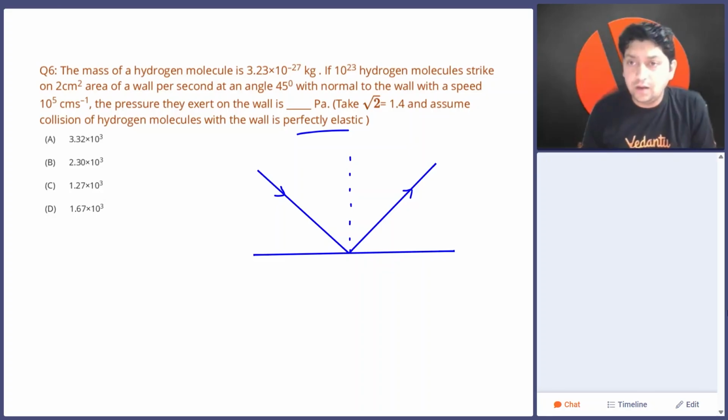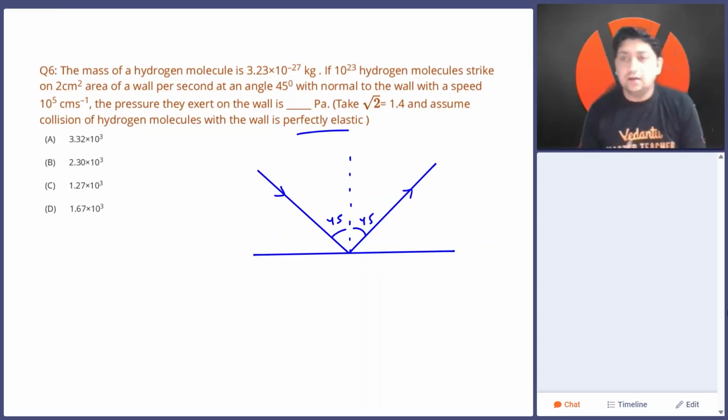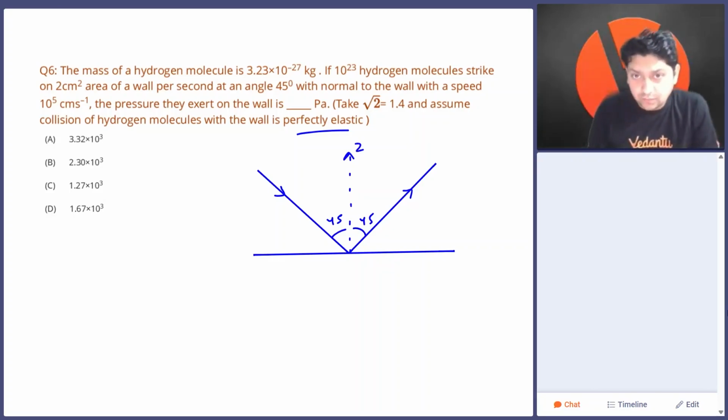This is the normal to the surface of the wall. This angle is 45, this must also be 45, and the collision is elastic, so the speed will not change, right? The overall change in momentum over here will be nothing but 2mv cos theta, right? And theta over here is 45 degrees.